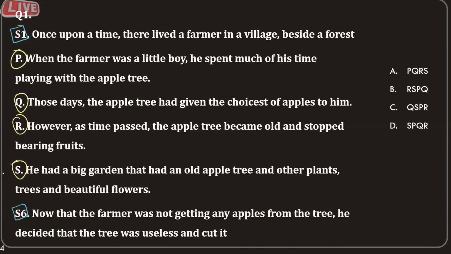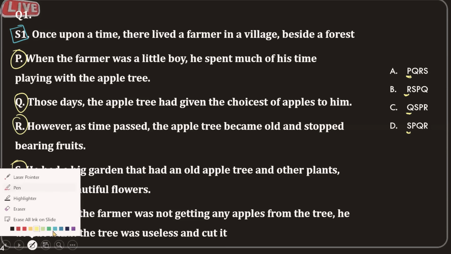Once upon a time, there lived a farmer in a village beside a forest. The starting line can be P, R, Q, or S. It could be any of the four.